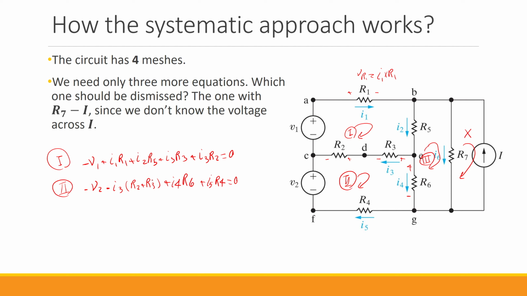And finally, for the third mesh, let me start from point B. We have our I2 R5 plus I4 R6 plus, so here is positive, here is negative.